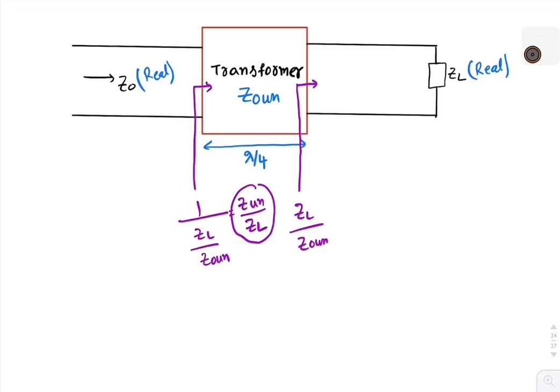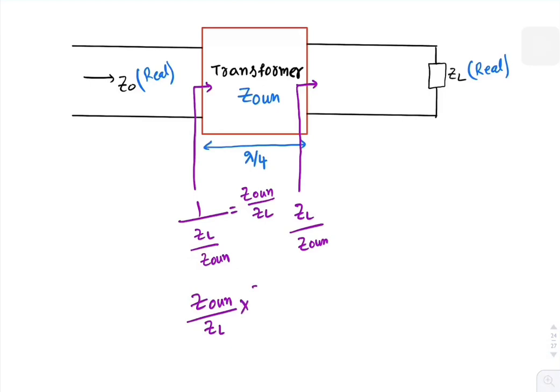But this impedance is a normalized impedance. If you want the actual impedance, then Z0 unknown by ZL has to be multiplied with the characteristic impedance, that is Z0 unknown. Now this value has to match with the characteristic impedance of the transmission line. If they have to match, these two values must be the same.